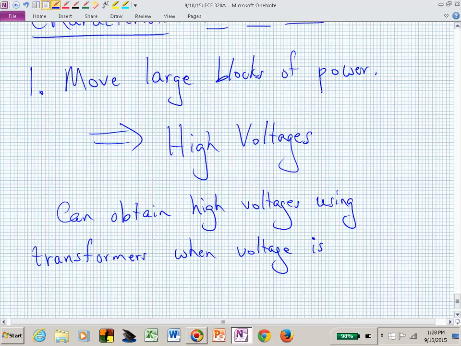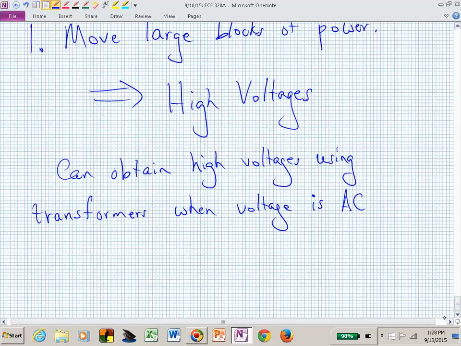which is one reason why we have sinusoidal voltages. So these transformers work when the voltage is AC. When it's DC, then we have to do something else to try to make these voltages higher than what they want to be when we generate them or when we want to use them.